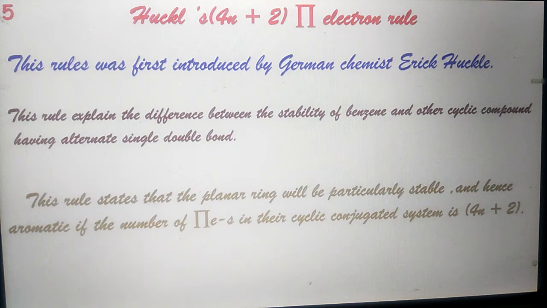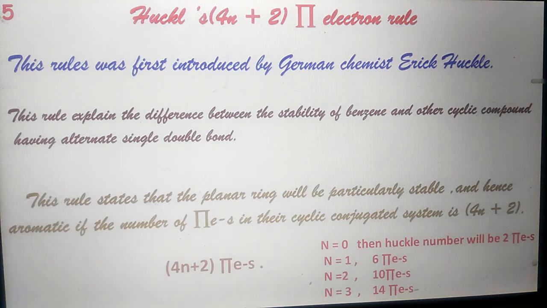This rule states that the planar ring will be particularly stable and hence aromatic if the number of pi electron in their cyclic conjugated system is according to 4n plus 2. If n is equal to 0, 1, 2 or 3, then Huckel number will be 2, 6, 10 or 14 pi electrons. And this cyclic ring will show aromatic character.